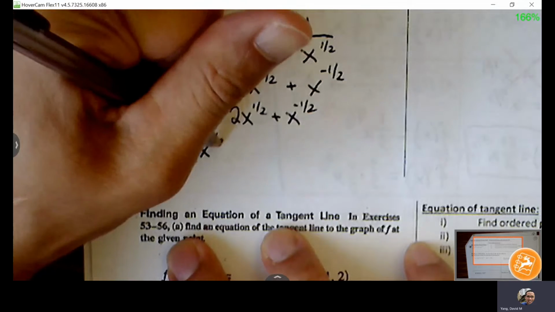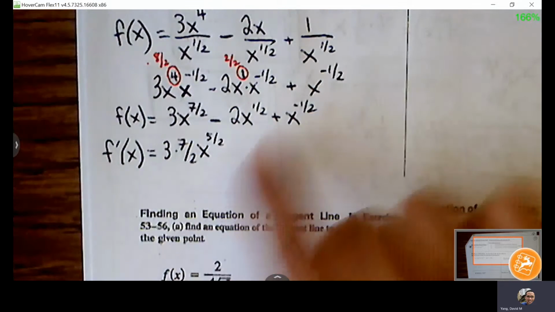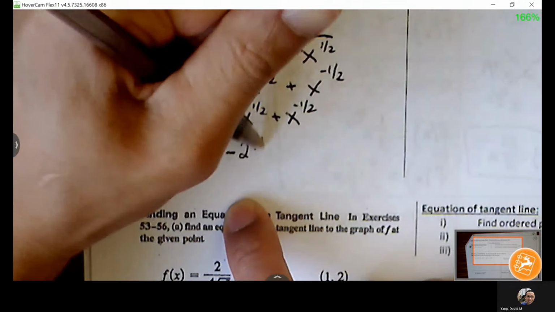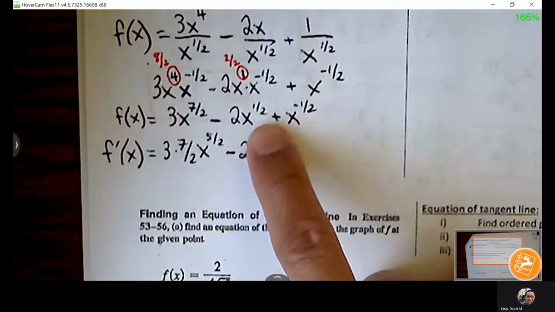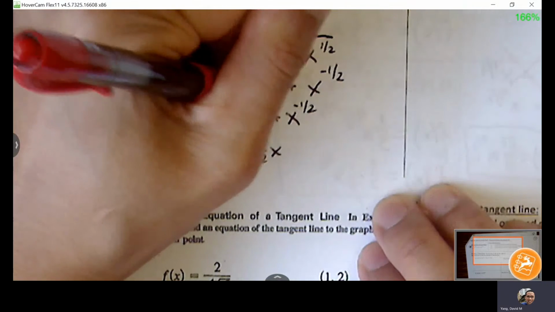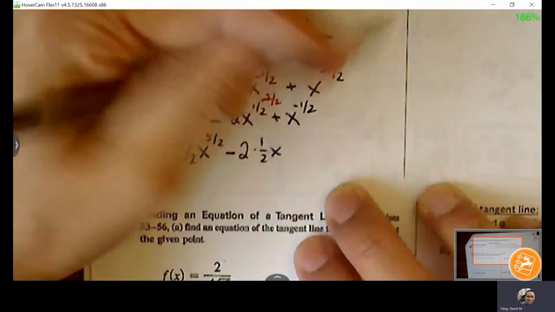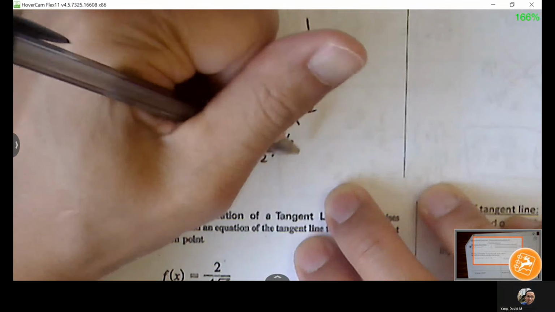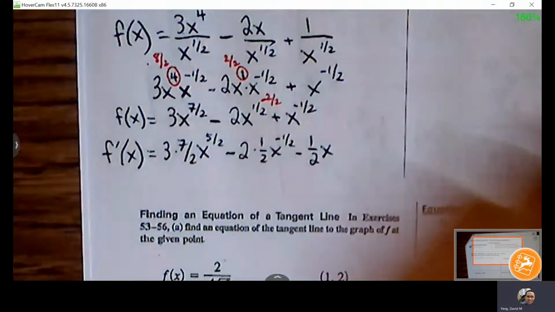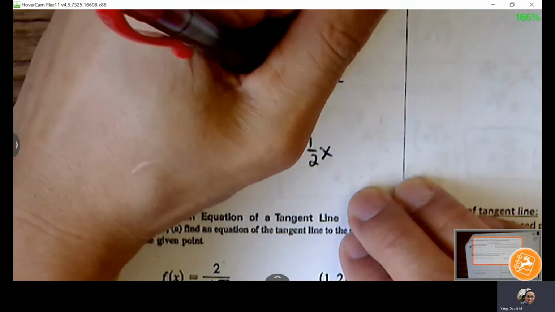Okay, subtract 1 from the exponent. 7 over 2 minus 2 over 2 is 5 over 2. One half minus 1 is the same thing as 1/2 minus 2 over 2. It's negative 1/2. Negative 1/2 minus 1 is the same thing as negative 1/2 minus 2 over 2.